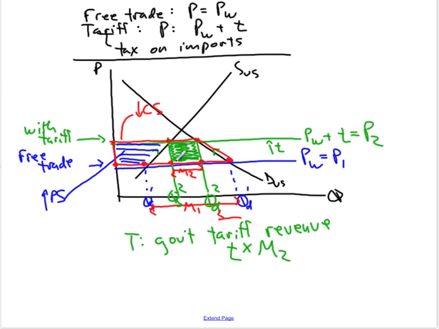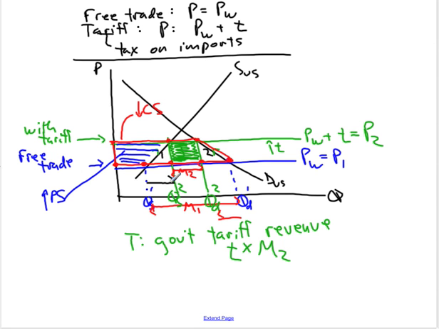Now, that still doesn't account. Some of the lost consumer surplus goes to producers, some of it goes to the government, but we have two things left over. We have these two triangles, triangle number 1 and triangle number 2, and they are deadweight loss. Consumers lose it, producers don't get it, the government doesn't get it. And the way to think about them is triangle 1 is the deadweight loss caused by that increase in domestic output.